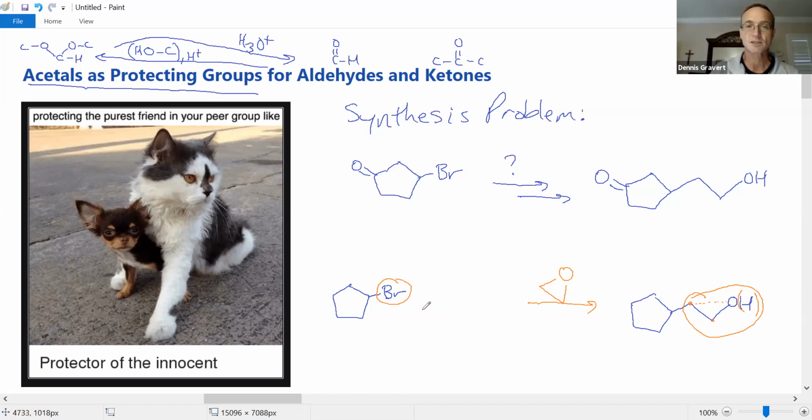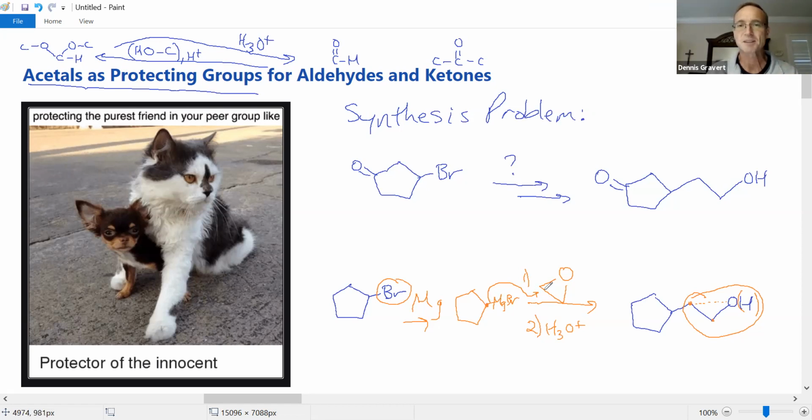It turns out it's a great way to do it: add magnesium to make the Grignard reagent. Then in step 1, an epoxide reacts with the Grignard, and every Grignard reaction uses hydronium in the second step. Both of these epoxide carbons are primary, so it can attack either side and we get the same answer.